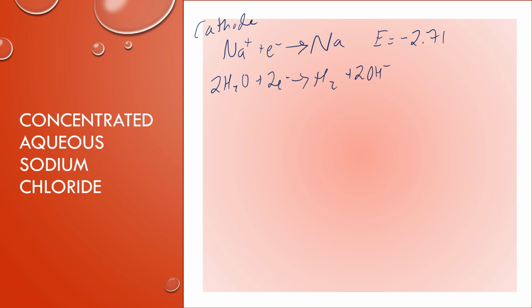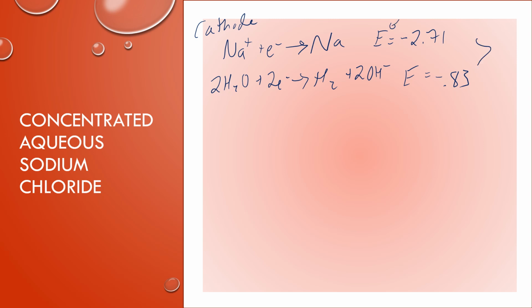Remember that on the last slide, that was a net ionic equation where I had the hydrogen ions from these two water molecules gaining electrons. Now, so these are two options. The cell potential for the water is negative 0.83. Okay. And so when we're doing this, look at your values for your reduction potentials.